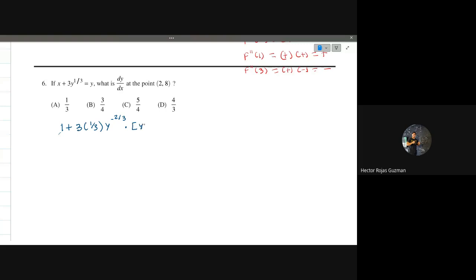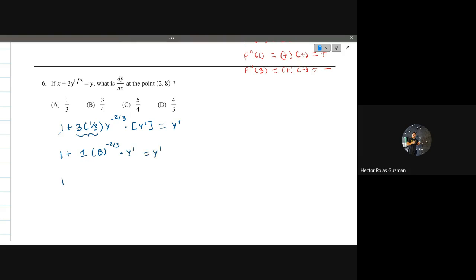That's y prime. Now I'm going to make it simple on myself, and I'm going to go ahead and plug in my values already. So y is 8, times y prime, is equal to y prime.